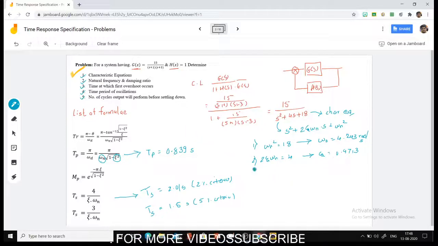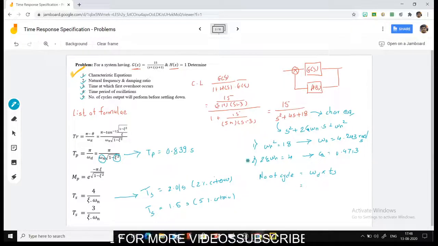Now this number of cycles is not directly a time response specification. We need to understand that the number of cycles will be equal to omega d, which is your damped natural frequency, multiplied by Ts, since cycles will be performed till Ts. That's why we are multiplying omega d into Ts.